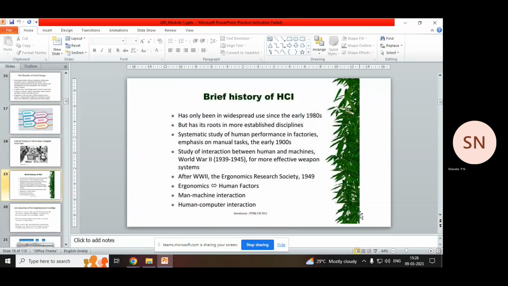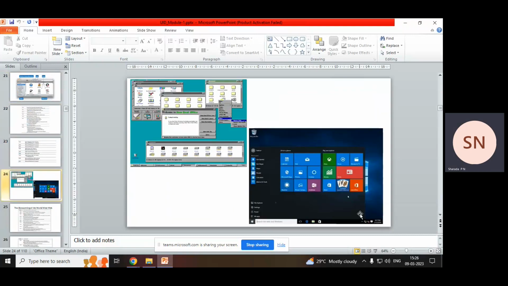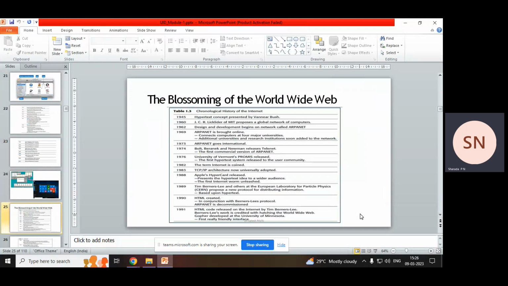Coming to the GUI, what is the meaning of GUI? The definition of GUI, in brief: a graphical user interface can be defined as follows. A user interface is recently described as a collection of techniques or mechanisms to interact with something.